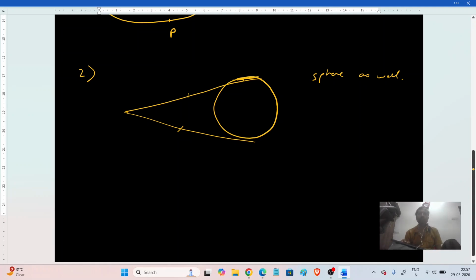Every sphere can be seen as a circle from the side, and there is no reason why these two tangents can be unequal. So I hope this can be used over here without proof.